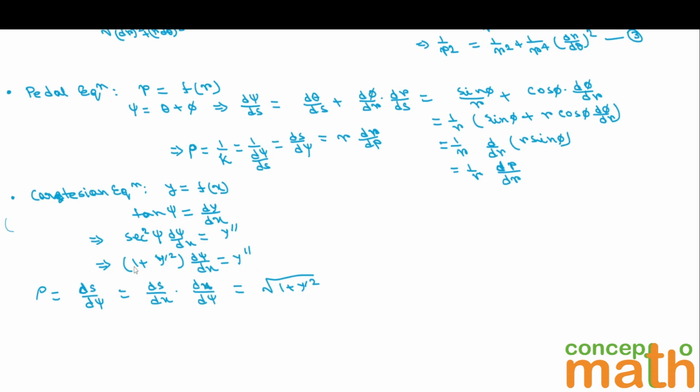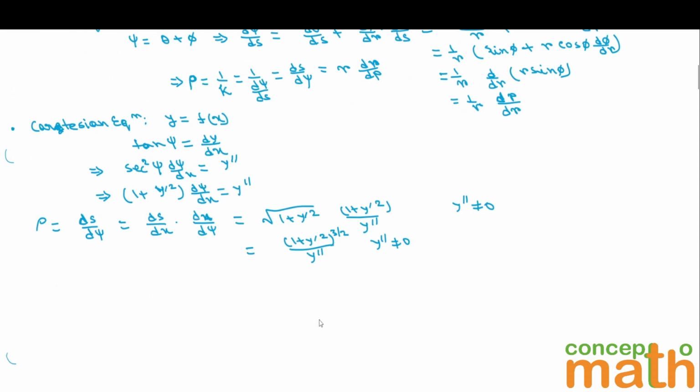From the previous result, this will be 1 plus y dash square divided by y double dash, provided y double dash is not equal to 0. So the expression for radius of curvature in the Cartesian equation turns out to be 1 plus y dash square whole to the power 3 by 2 divided by y double dash, where y double dash is not equal to 0, y dash represents dy dx and y double dash is d2y dx square.